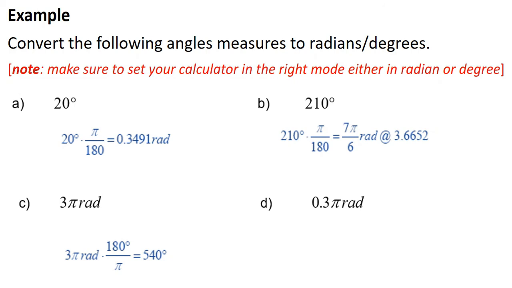Please make sure the calculator mode is in degree. For the calculation, we just multiply 0.3 pi radians with 180 degrees over pi, which is equivalent to 54 degrees.